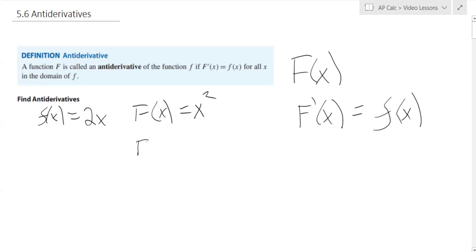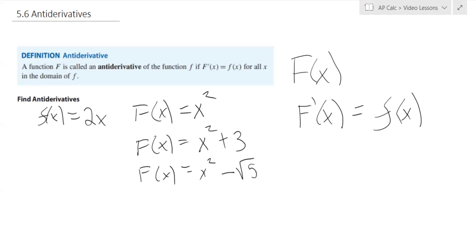But capital F of x could also be x squared plus 3, because the derivative of that is also 2x. In fact, it doesn't matter what number I add or even subtract from x squared. When I take the derivative, as long as you add or subtract a constant to the x squared, the derivative is going to be 2x no matter what.